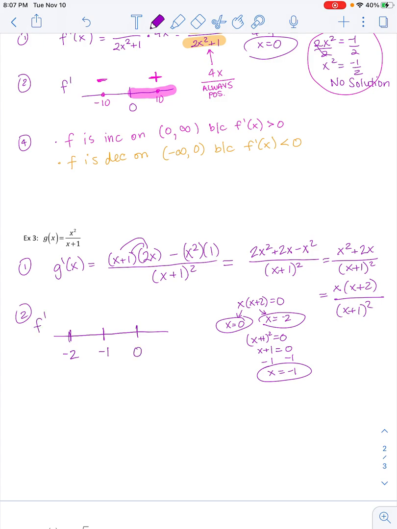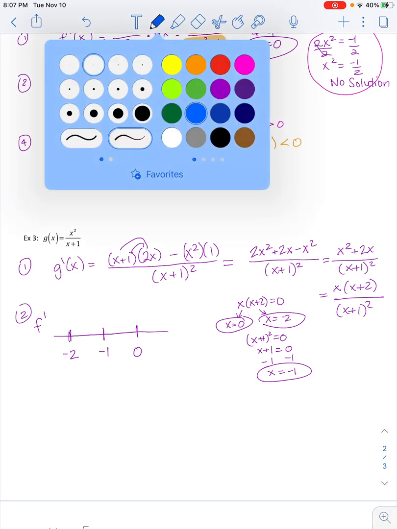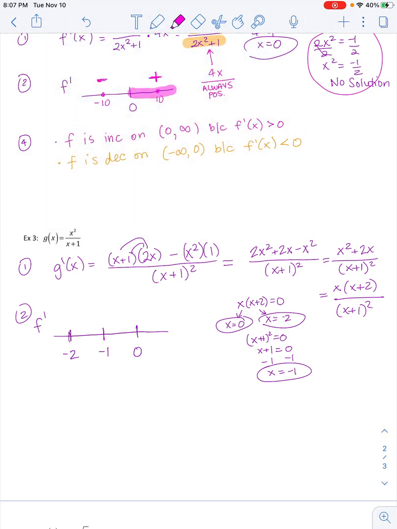And then let's label this f prime, and start to work on the signs. So I'm going back to this most factored version of the derivative, and I am plugging my test points in there. I'm going to use test points negative 10, negative 1.5, negative 1/2, and positive 10. Now this looks like a pain.